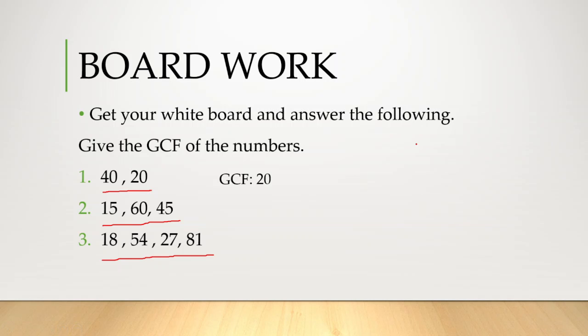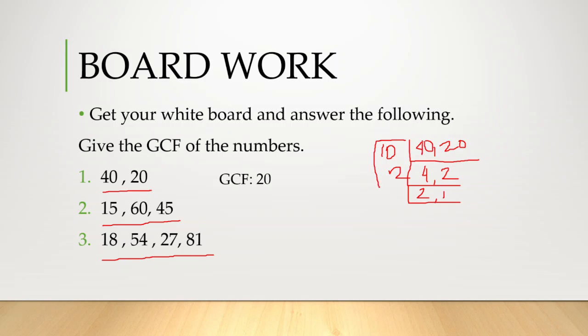20. How? So 40 and 20. So let us use the ladder method. So what could you use to divide 20 and 40? Let's use 10. So this will be 4 and this will be 2. So we could still divide 2 and 4 by 2. So this is 2 and this is 1.